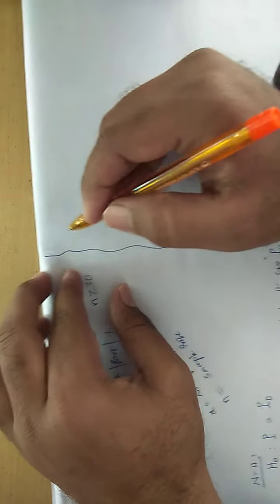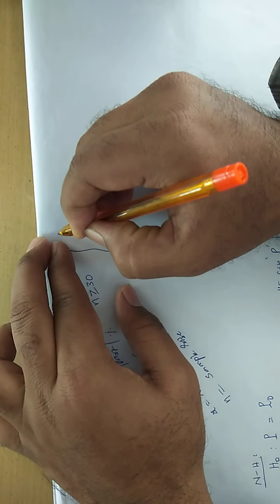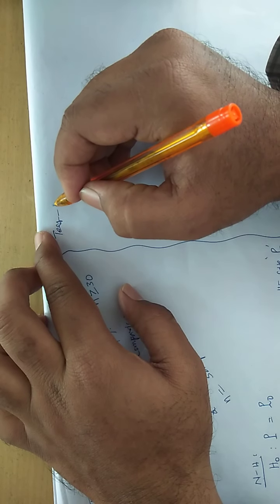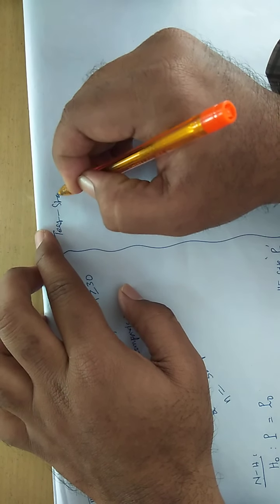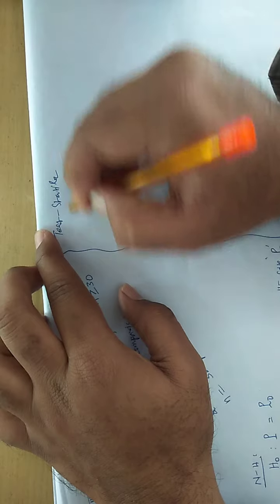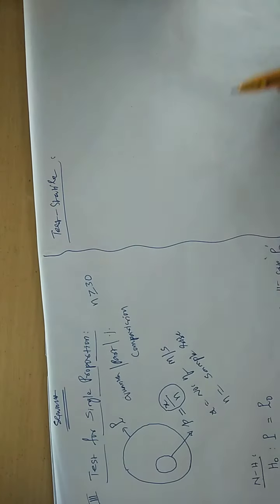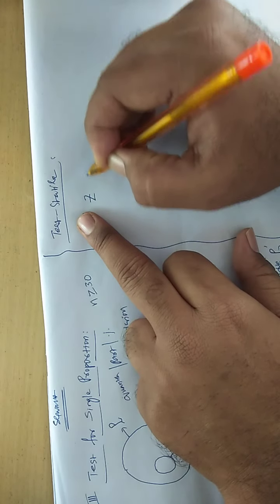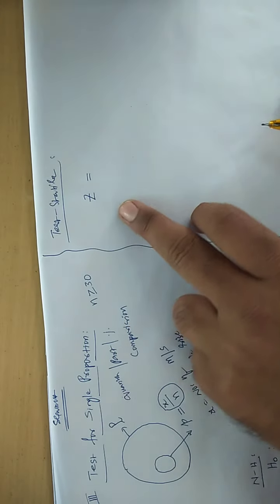Then what is the next very very important thing? Nothing but the formula, which we call the test statistic. Always a large sample test follows the normal distribution, that means the standard normal distribution.